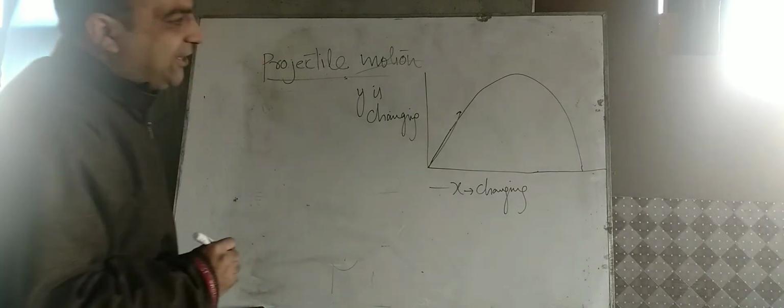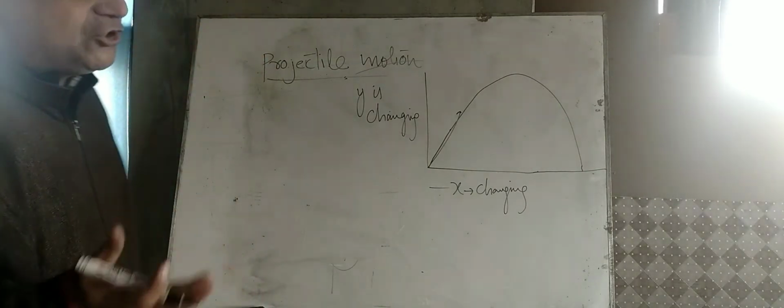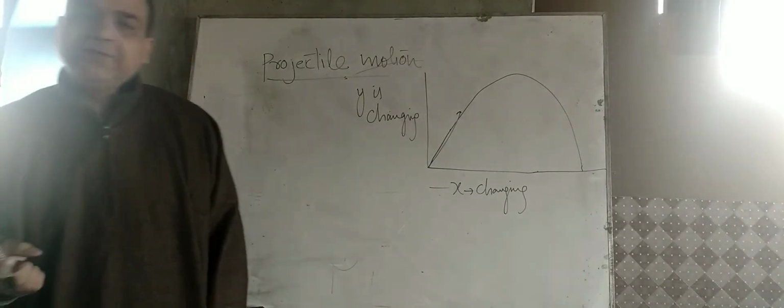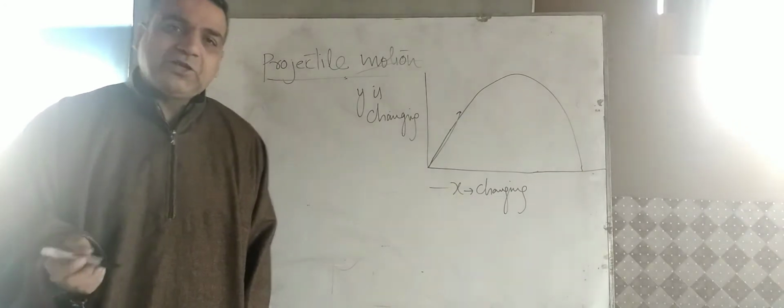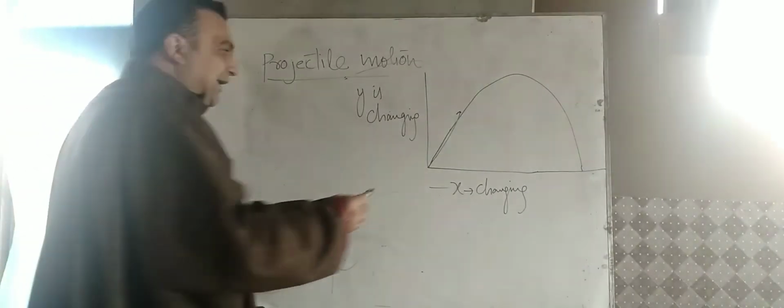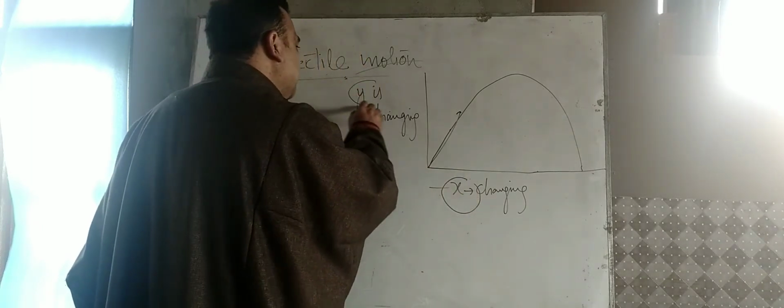So at first I should say that this motion is a two-dimensional motion. That should be the first thing that I assign to this kind of motion. Why is it a two-dimensional motion? Because in this motion the x-coordinate is changing, and the y-coordinate is changing as well.